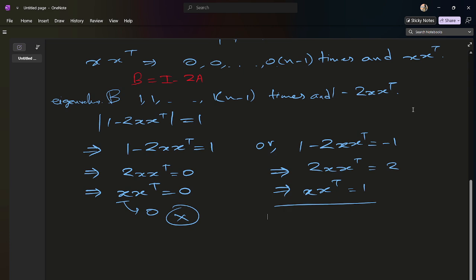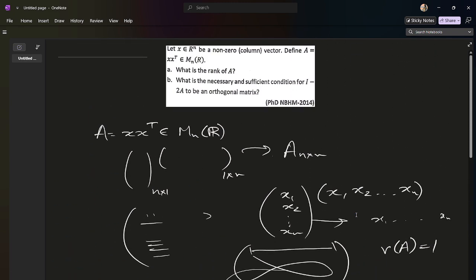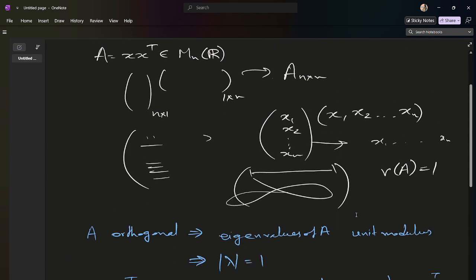So x transpose x equals 1 is the only answer, the required necessary and sufficient condition for I minus 2A to be an orthogonal matrix.